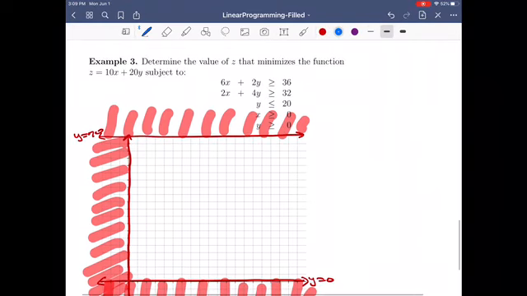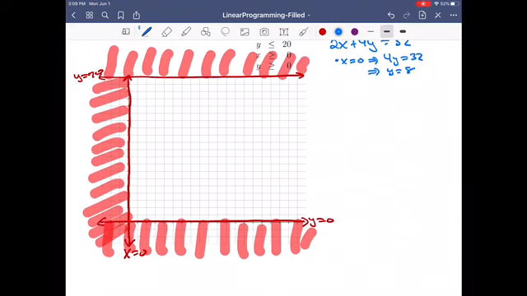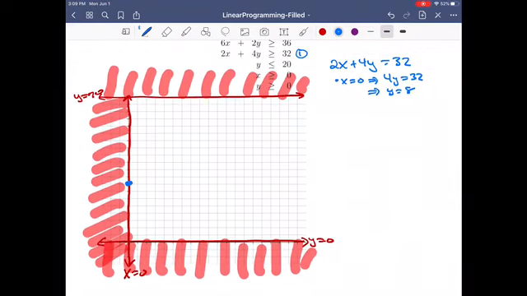Okay, now let's do this one here. So 2x plus 4y equals 32. X equals 0 means 4y equals 32, which means y equals 8. Okay, so we get a point here. And when y equals 0, we get 2x equals 32, which means that x is 16.